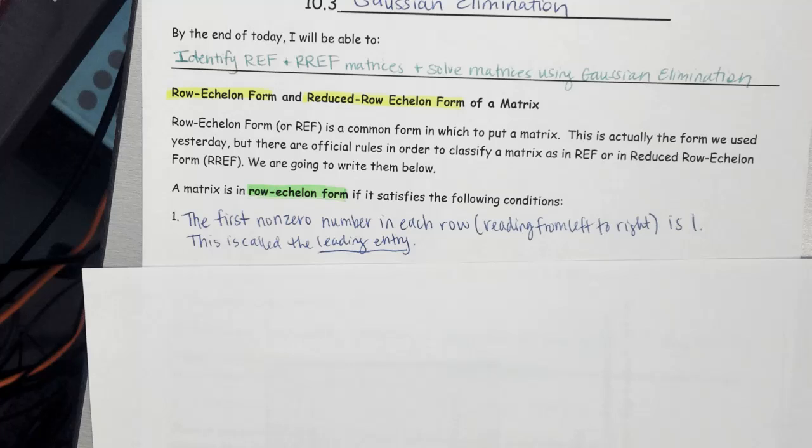Okay, so that leading entry has to be a 1. You can just say the first non-zero number in each row in those matrices is 1. This is called the leading entry.